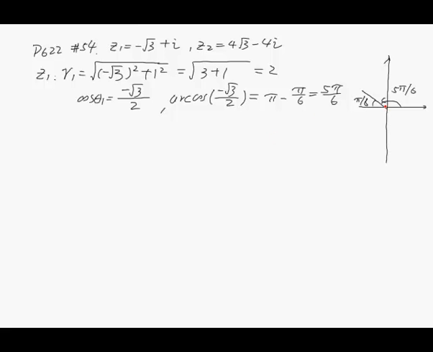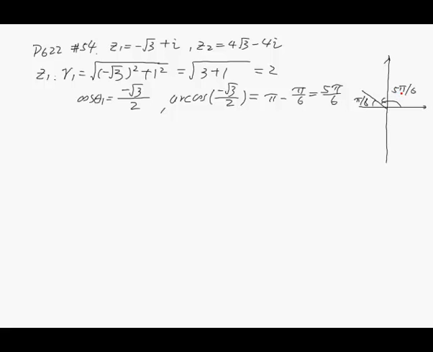In the interval from 0 to pi, only 5 pi over 6 has cosine equal to negative root of 3 over 2. We can also plot this complex number in the complex plane, and it's in this quadrant too, right?